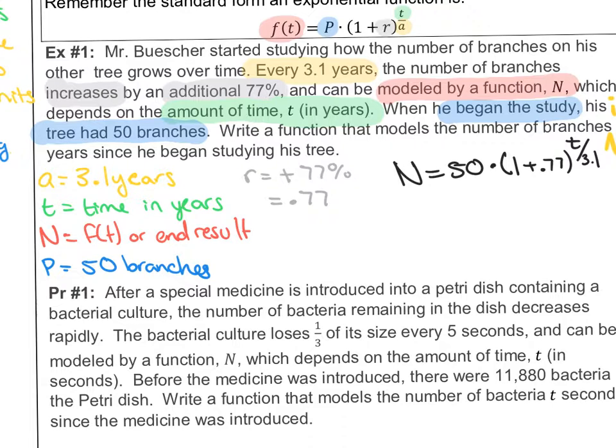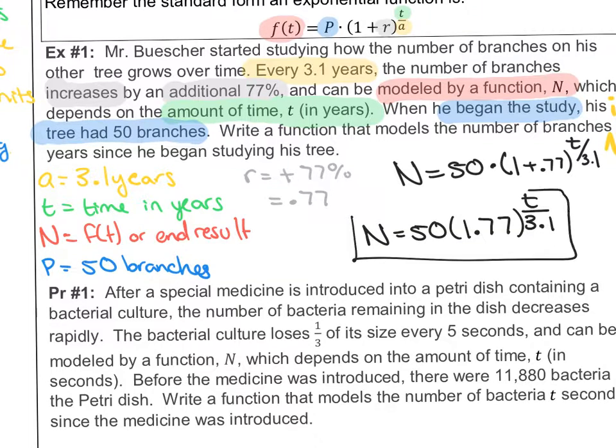We're almost done, but we do want to simplify this because we don't want to write it as 1 plus 0.77. We want to write it as 1.77, because that's 1 plus 0.77 or 77%. So our final version should be n equals 50 times 1.77 to the t over 3.1.